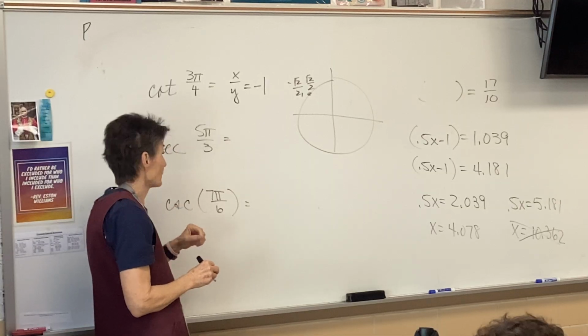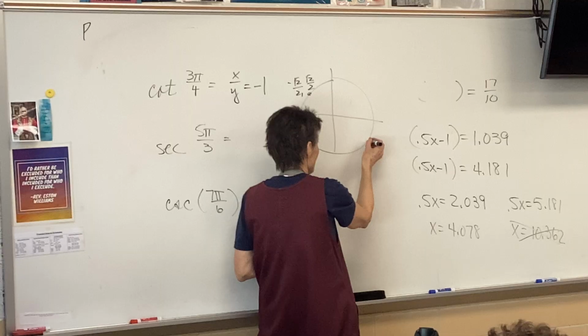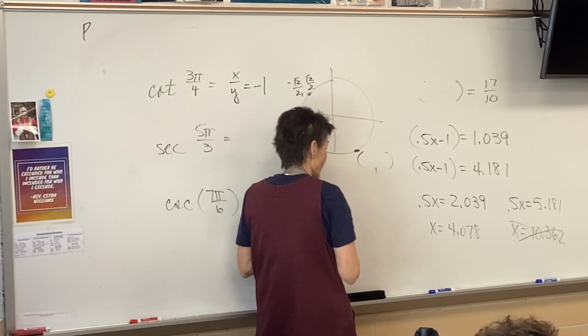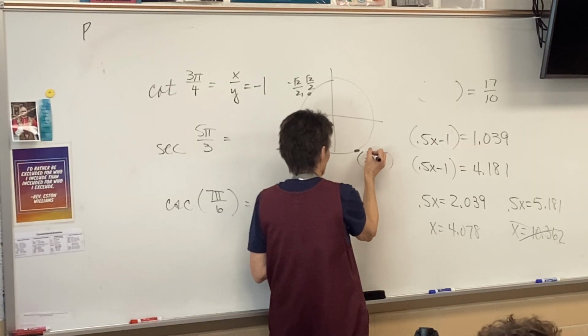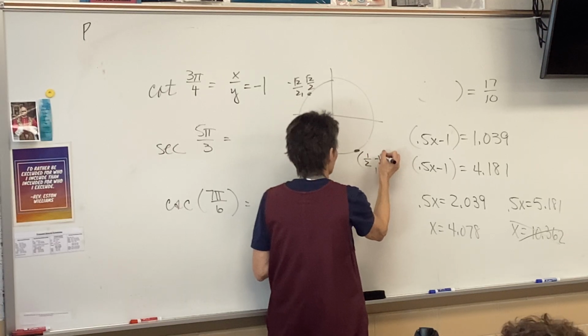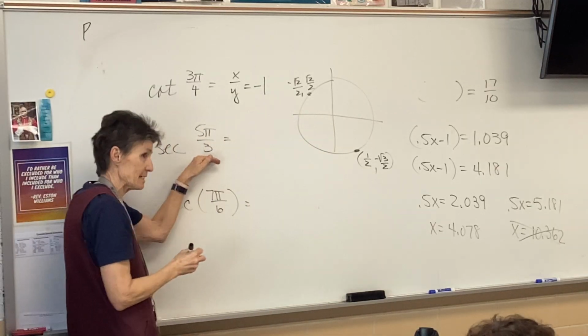Okay? Now this is going to be the same thing. I'm going to go around to 5 pi over 3. What is my ordered pair at 5 pi over 3? That would be 1/2, negative root 3 over 2. Perfect. Now, I want the secant.